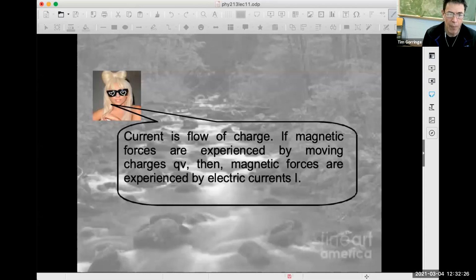That implies that electrical currents, which are moving charges, also experience magnetic forces when immersed in magnetic fields. The entirety of today's class is really about the magnetic forces experienced by electrical currents immersed in magnetic fields. We're going to look at some famous examples of electrical currents immersed in magnetic fields and the magnetic forces they experience.